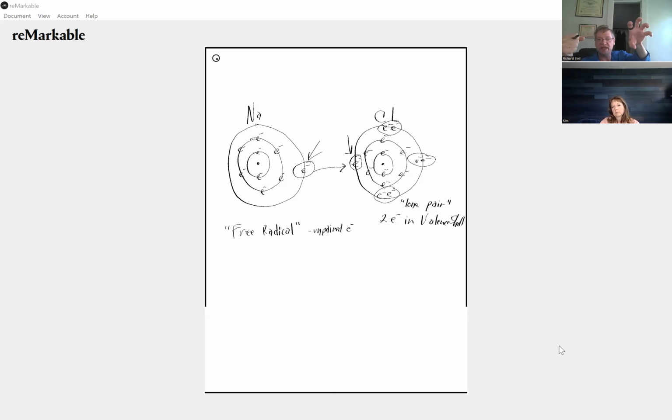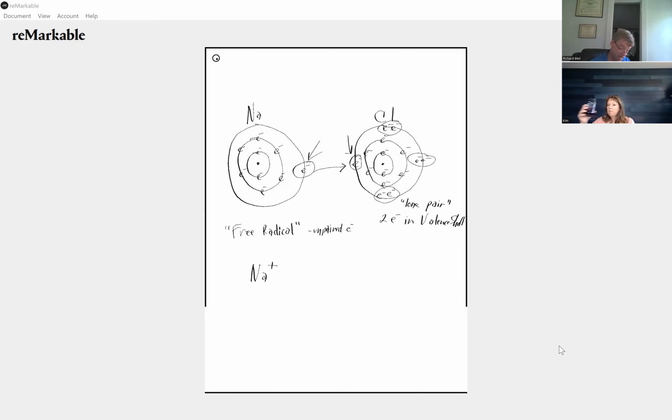If it's losing an electron, if it's losing a negative charge, the sodium will end up with a positive charge because it lost a negative charge. When you transfer an electron, when you lose an electron, you're losing a negative charge and you're left with a charged atom. And this is what I said before. We don't identify atoms by the number of electrons because the number of electrons can change.